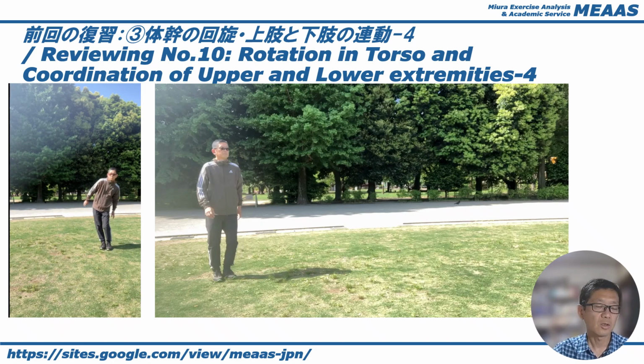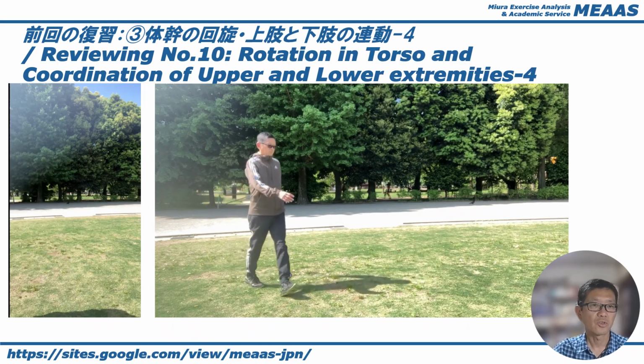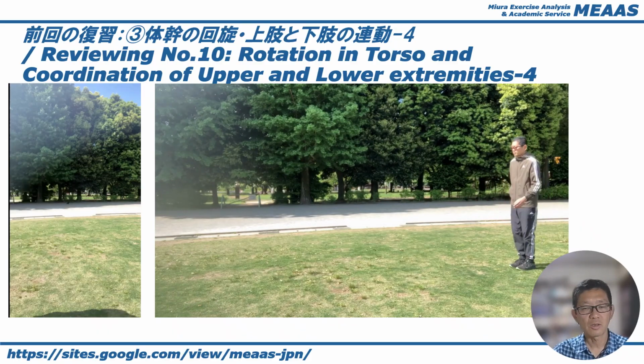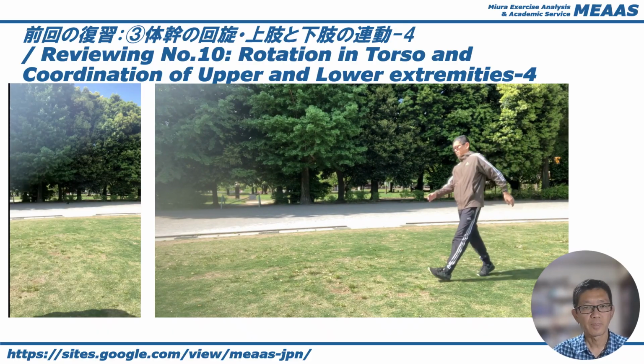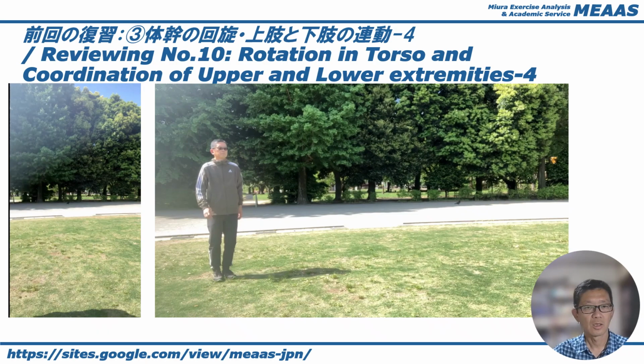But that's emphasizing the bending and rotation of torso. So on this exercise, you can learn the coordination of upper and lower extremity and also the extension of knee joint. Knee extend, extend, extend.